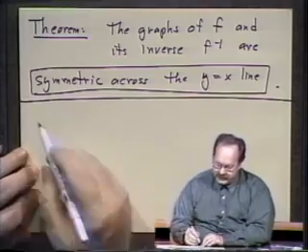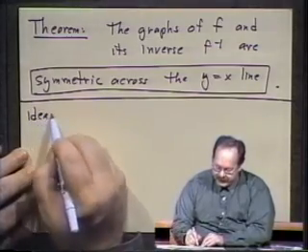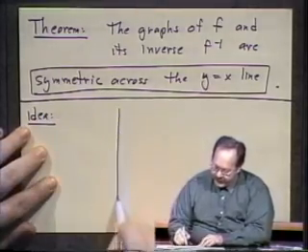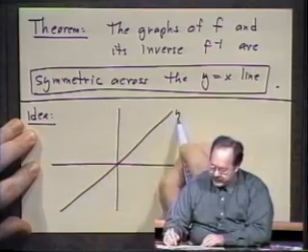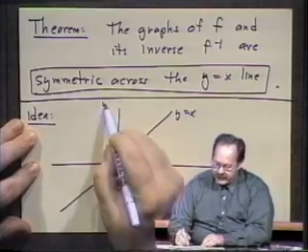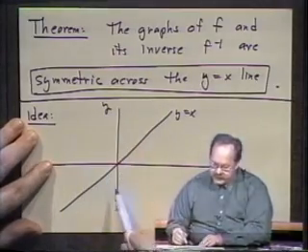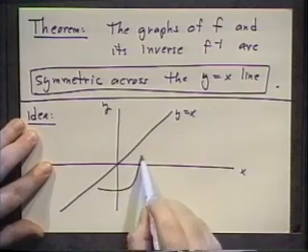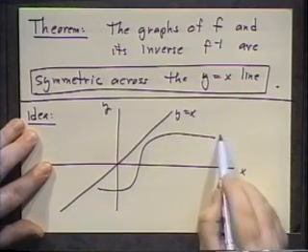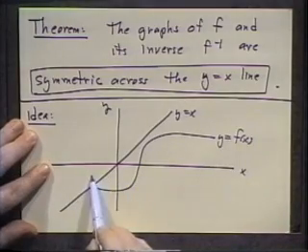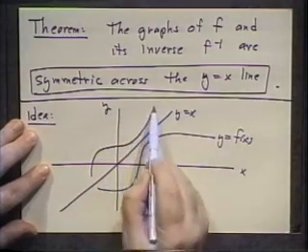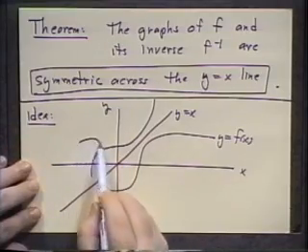without plotting any points. So here's the idea once again: if you have your x and y axes, and this is the y equals x line, and this is your original curve, say something like this. If this is y equals f of x, then I immediately know that the graph of the inverse function looks like that.